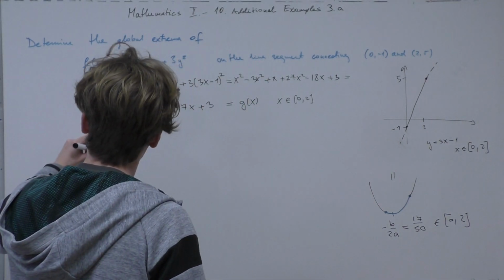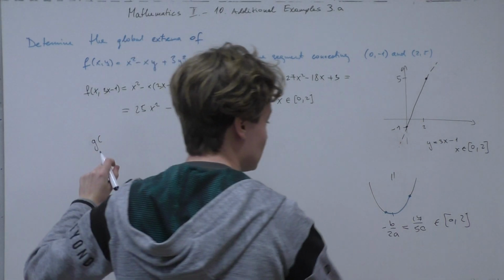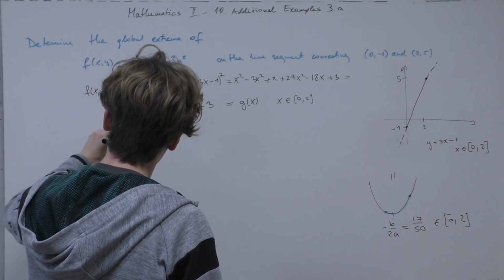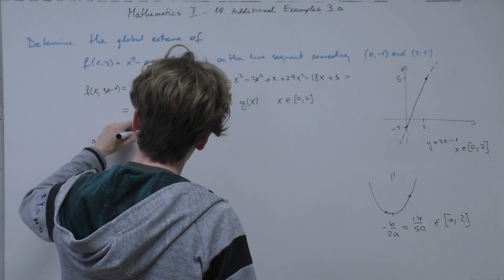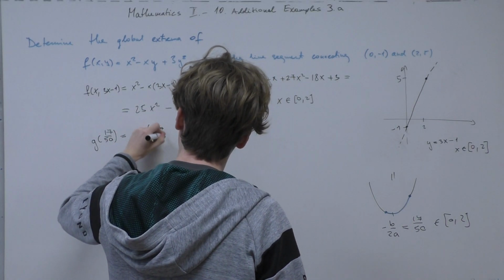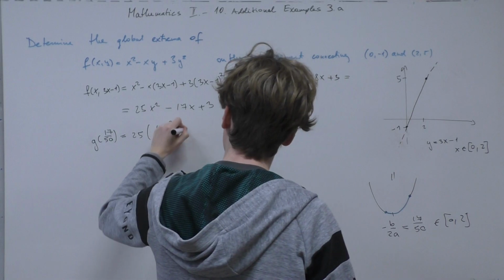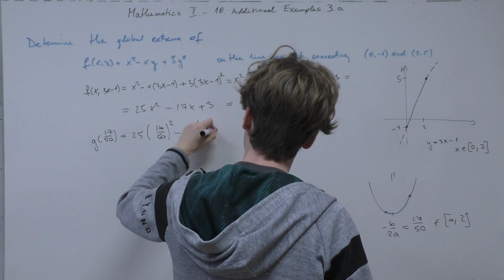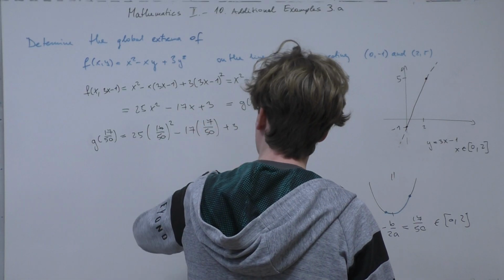So let's calculate g at 17 over 50, and this is 25 times (17 over 50) squared minus 17 times 17 over 50 plus 3.